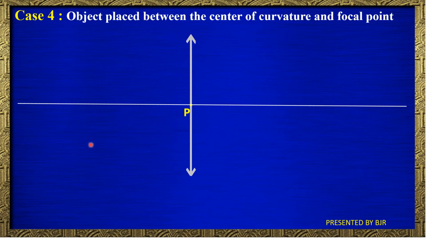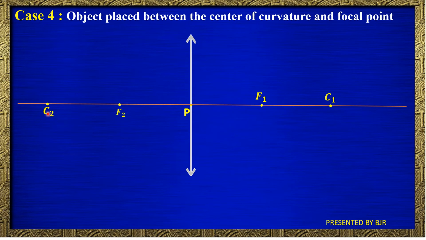You may observe here, in all the cases I am taking only those two rays I explained just now. So C1, C2 are the centers of curvatures. F1 and F2 are the foci or focal points.